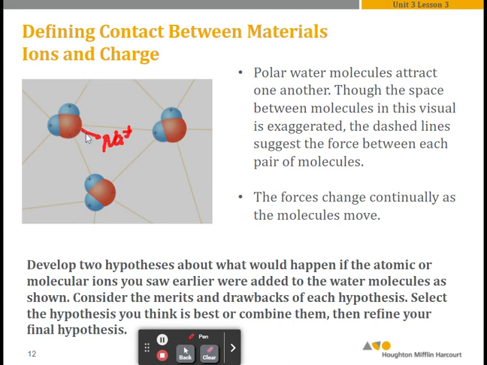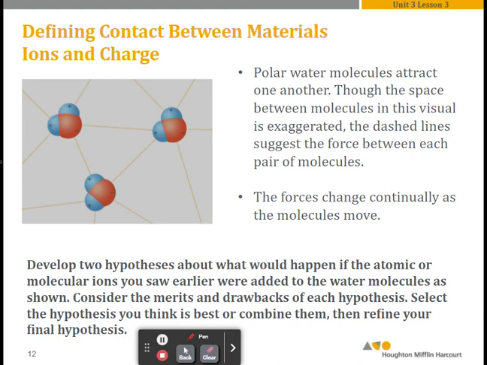This is not too likely because the oxygen atom is already bonded to the hydrogen. And it takes a good bit of energy to break oxygen and hydrogen atoms apart. So just dropping ions in there is not likely to do it.